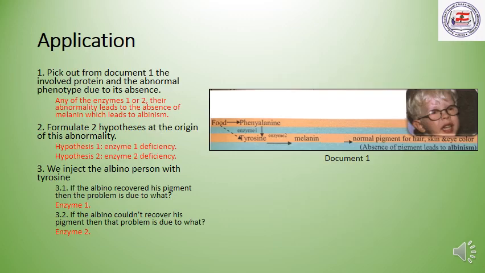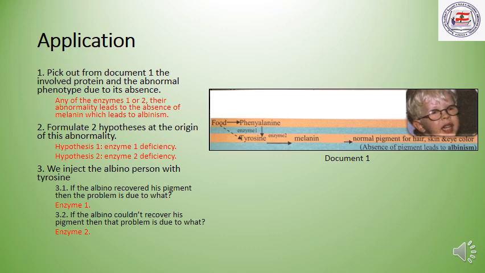Application for functional proteins. Given document 1 showing the production of melanin pigment and showing the consequences of having a normal melanin pigment and in the case of the absence of this pigment. Read document 1 really well before starting with the questions.